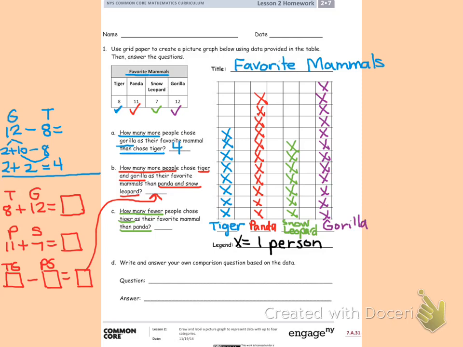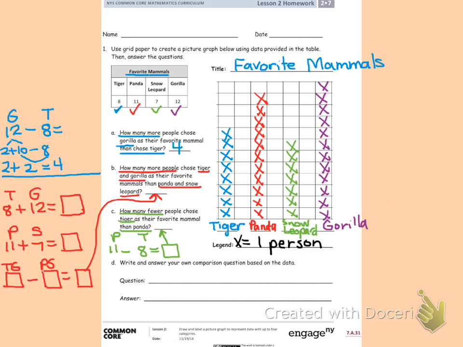And when we look for the difference, then we subtract. The word difference means answer to a subtraction problem. When we subtract, we always begin with the large number. I'll take the number for panda, which is 11, and subtract the number for tiger, which is 8. This answer will go right there.